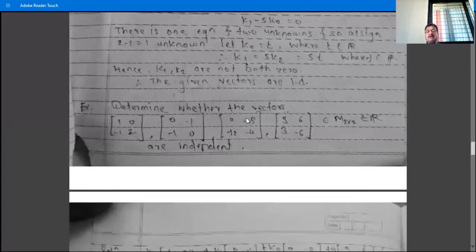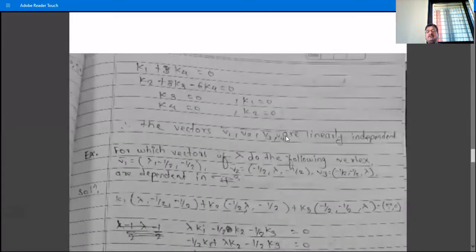And therefore the given vectors V1, V2, V3, V4, suppose these vectors are capital A, capital B, capital C, and capital D, are linearly independent. The vectors would be linearly dependent if, out of these scalars K1, K2, K3, K4, one of them is not equal to 0, but all are equal to 0, and therefore the given 4 vectors are linearly independent.